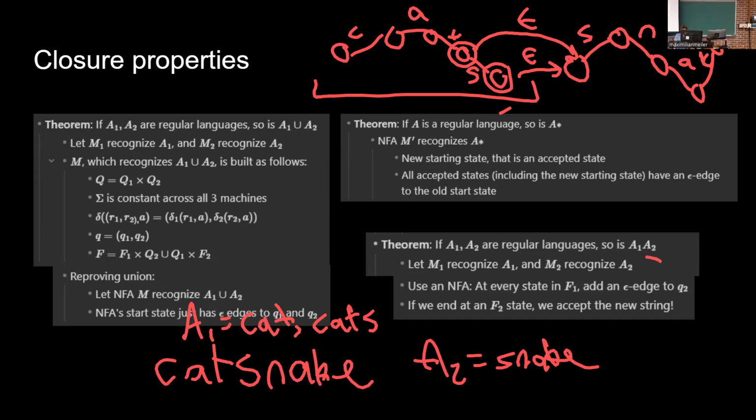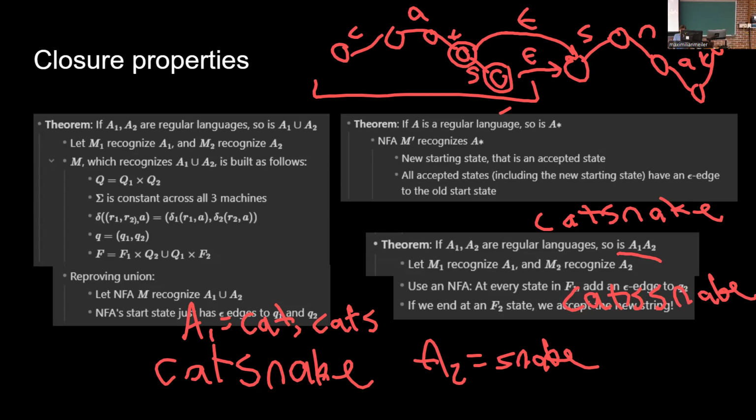Overall, so A1, A2, this will accept both cat snake, right? Because it will go CAT and then over here and then snake, but it will also accept cats snake, because it will go C, A, T, S, and then here, and then snake.